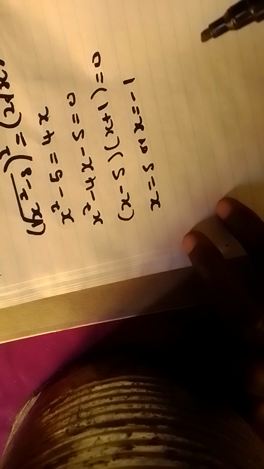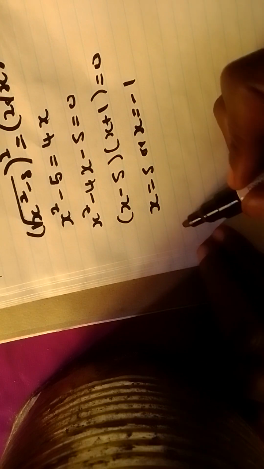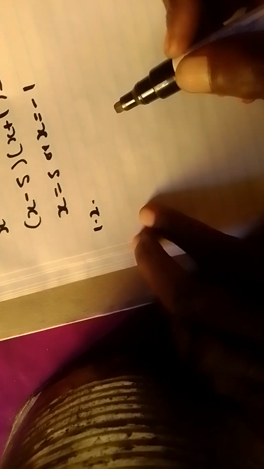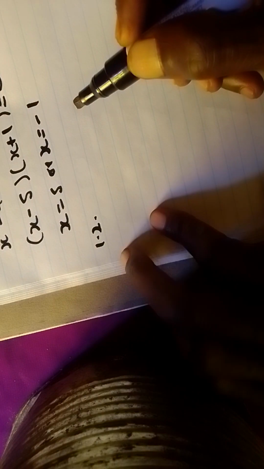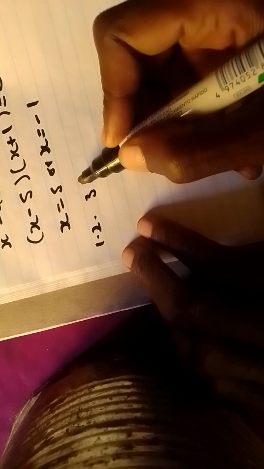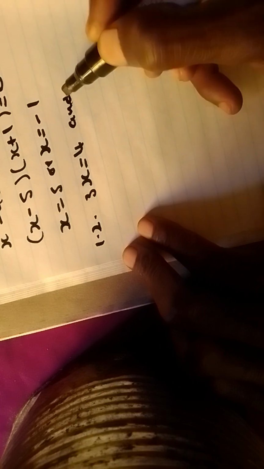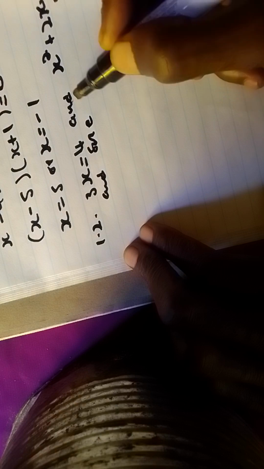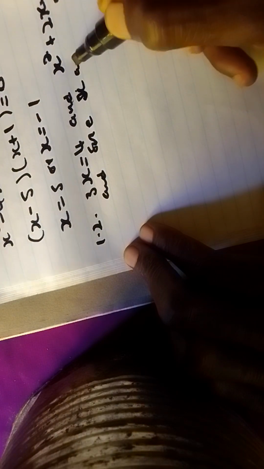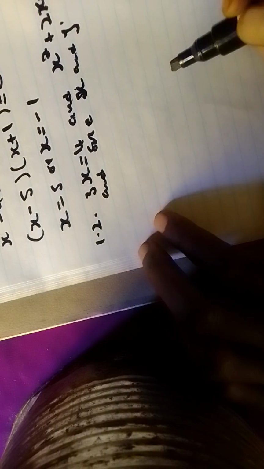We go for 2.1.2. It says 3x is equal to 4 and x squared plus 2xy minus y squared, and solve for x and y simultaneously.